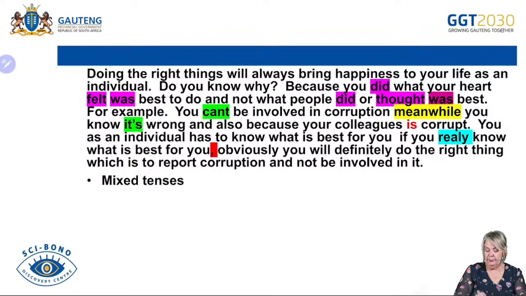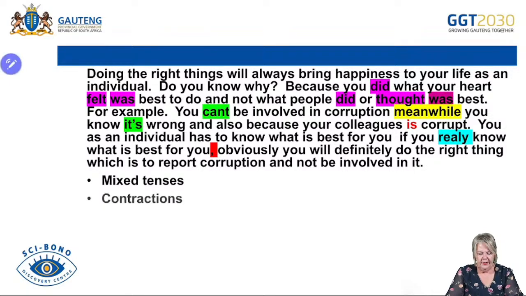There are some examples of mixed tenses here. I want you to quickly look at that. I'm going to give you 2 minutes to quickly just look at that and then we'll refer back to it. The second one, contractions. Remember, your teachers told you very loudly that you're not allowed to use contractions in creative writing.